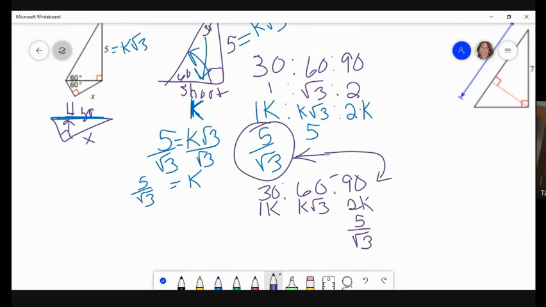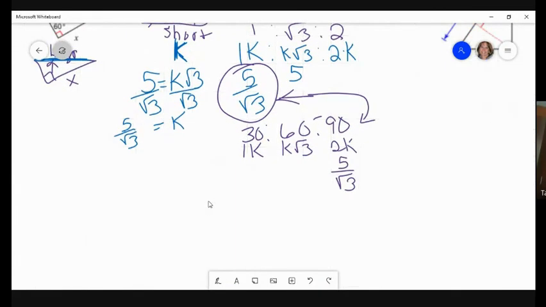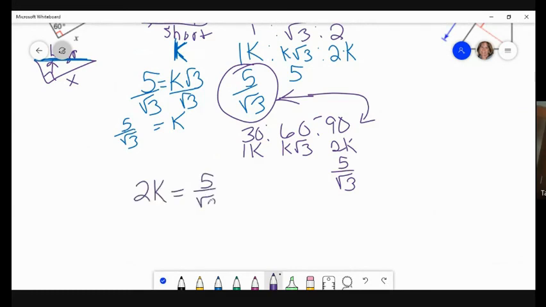Now, this is going to look really ugly and messy, because I was noticing the time, so I was moving a little fast. But again, we end up with 2k equal to 5 over the square root of 3. And when we divide by 2, we end up with a fraction.